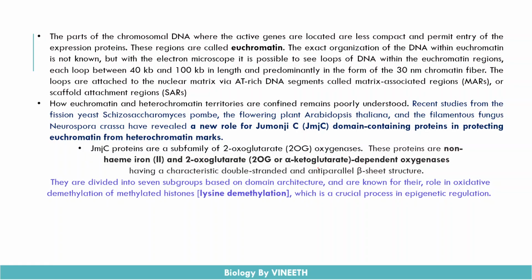By using this, they bind to the DNA sequences and remove the methyl groups on the DNA or the histone proteins. So they are known to demethylate the histones. Methylated histones will undergo demethylation, and this kind of demethylation makes the heterochromatin get converted into euchromatin.